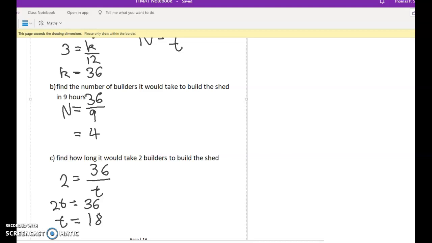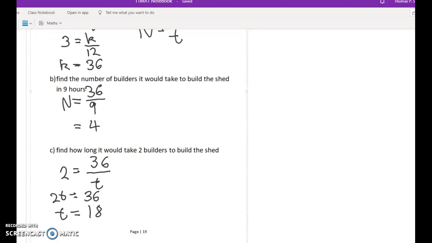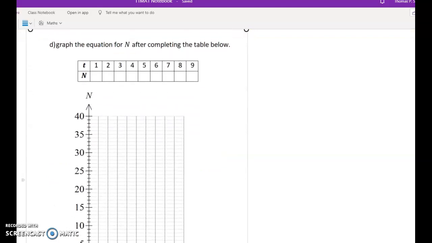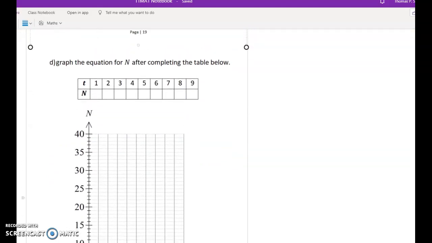Let's look at what this hyperbola actually looks like visually, and just go into a little bit more detail about this function. Let's do d first. Let's draw this function. So we're going to do for t equals 1 up to 9 here, and we're just going to graph it.